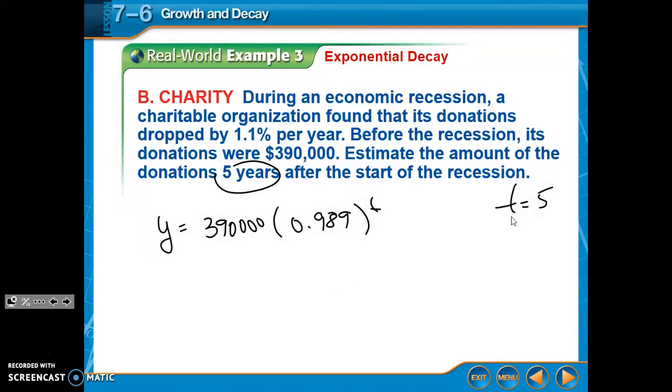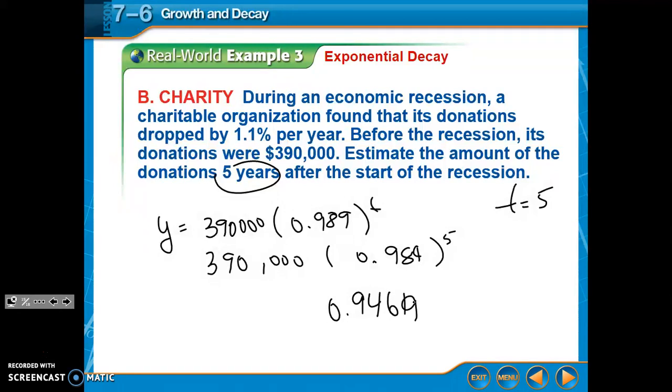And now we're just going to see what that is when we put in t. So this is going to be 390,000 times 0.989 to the power of 5. So I'm going to start by doing to the power of 5. This part over here becomes 0.94619 blah blah blah. It continues and then times 390,000.